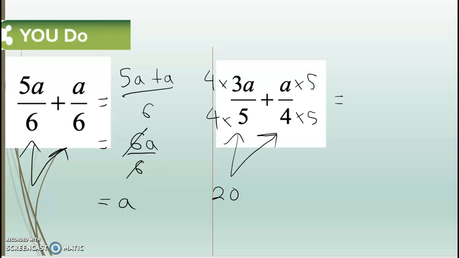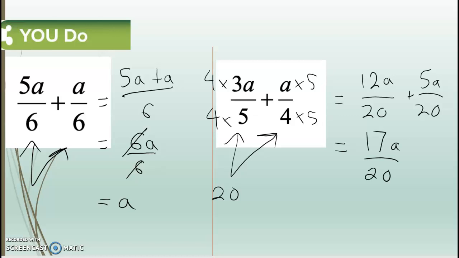So that first fraction becomes 12a over 20 plus 5a over 20. Combining those two, you get 17a over 20. Check these against how you went.